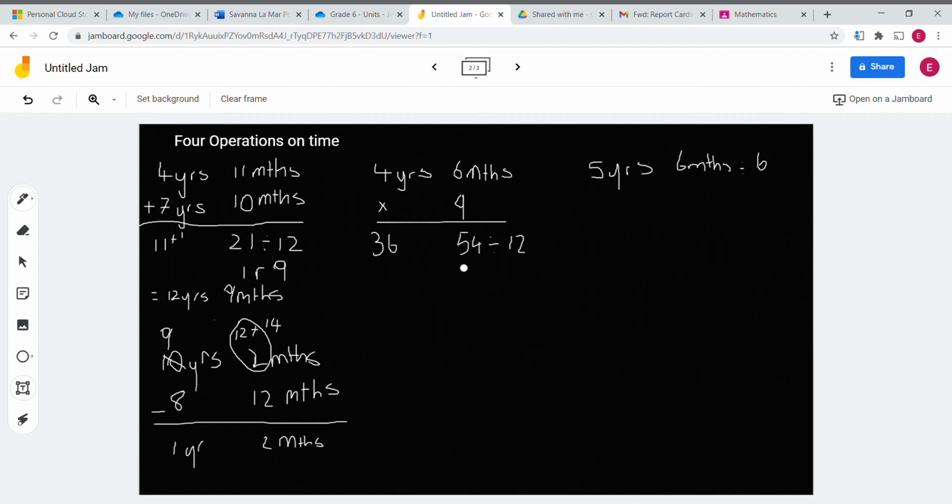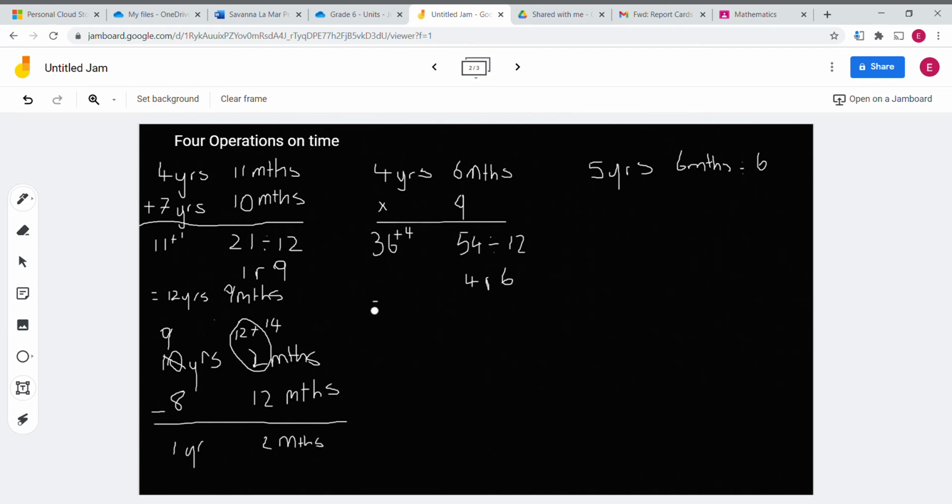So 12 into 54 is going to give you 4, remainder 6. And as we said before, this 4 represents the years that you have in whole years, and this remainder is your remaining months that you have left over. So your actual answer is going to be, you add the 4 years to the years that you already have.